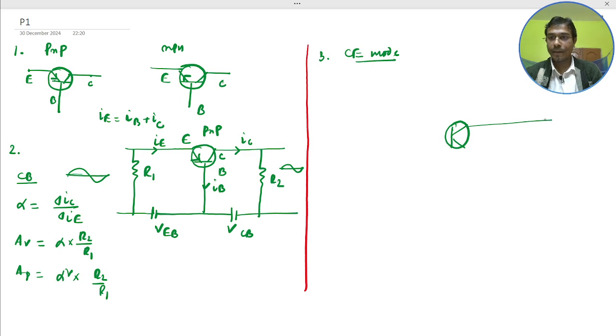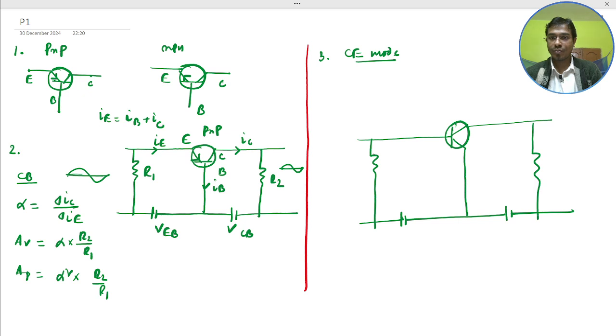so this is a part and this is this one. So here this is a voltage applied, and here also plus to minus. Here this is a resistance R1, and here the R2.